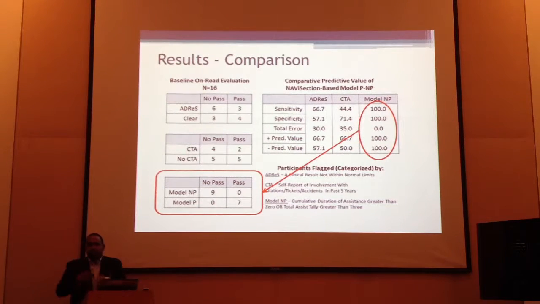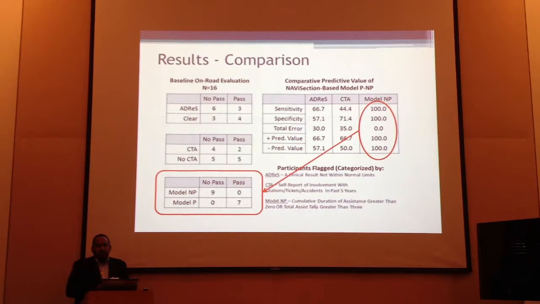It used a battery of 6 clinical tests combined to look at people who were within normal limits or beneath normal limits on vision, motor, and cognitive tests that were used by the adaptive driving program. The second one is a self-report of past involvement with a citation, ticket, or an accident. So you can see that while there might be a little bit of correlation, it's just a lot of error in terms of classifying who's going to pass or not pass the driving session.